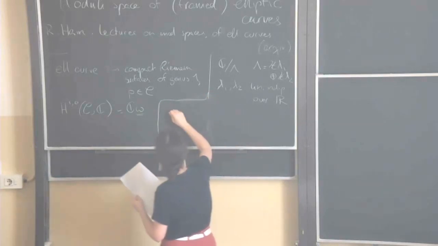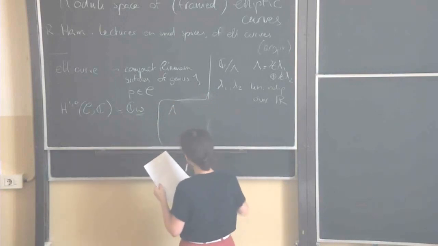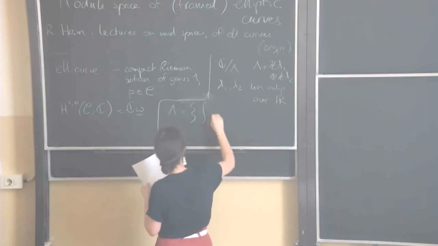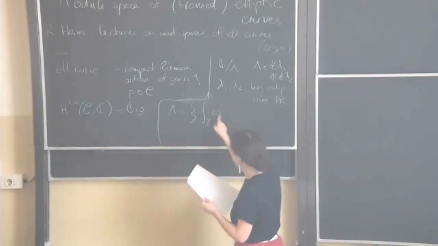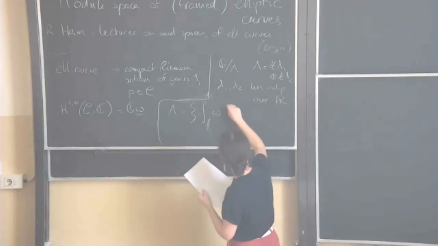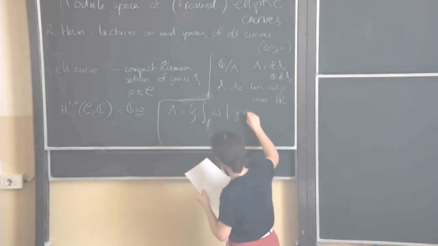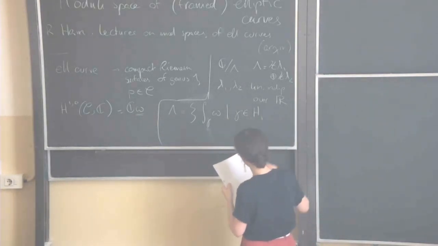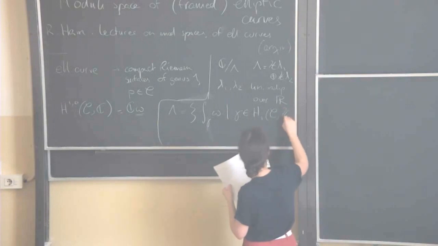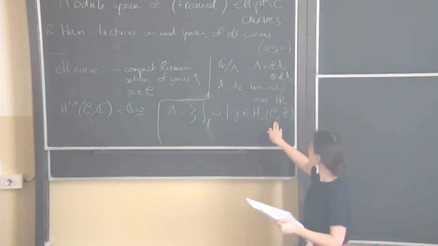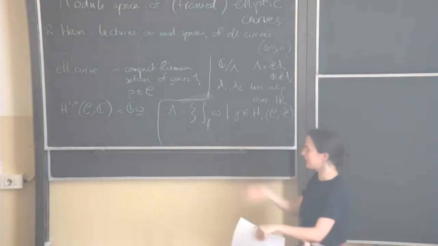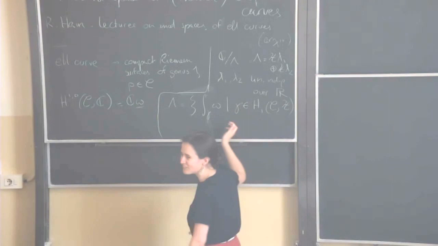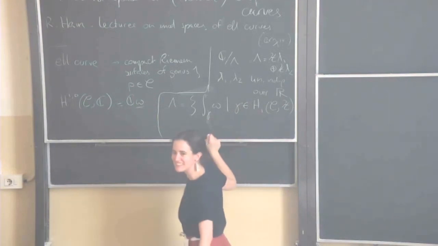On this side, I take Λ, which is the set of integrals over γ of the form ω, the same ω as there, such that γ is in H1. So this is basically the set of paths defining how the space is built.